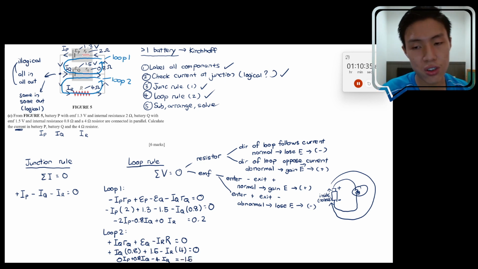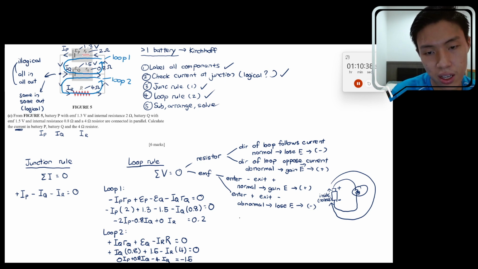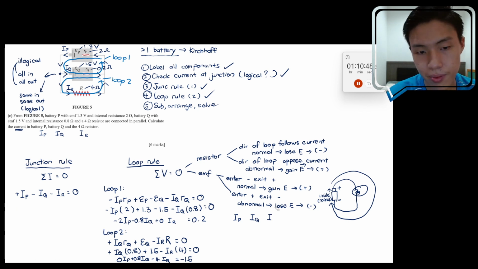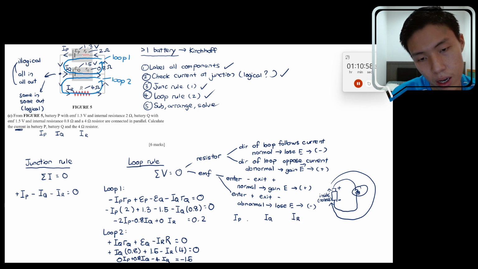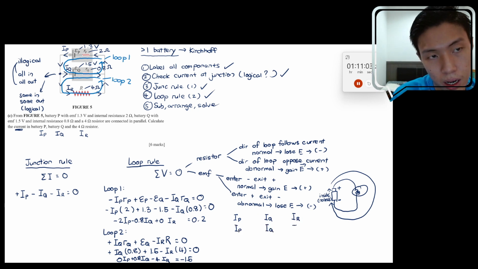Once you have arranged your equation, bring everything together. IP, IQ, IR. What do I do?